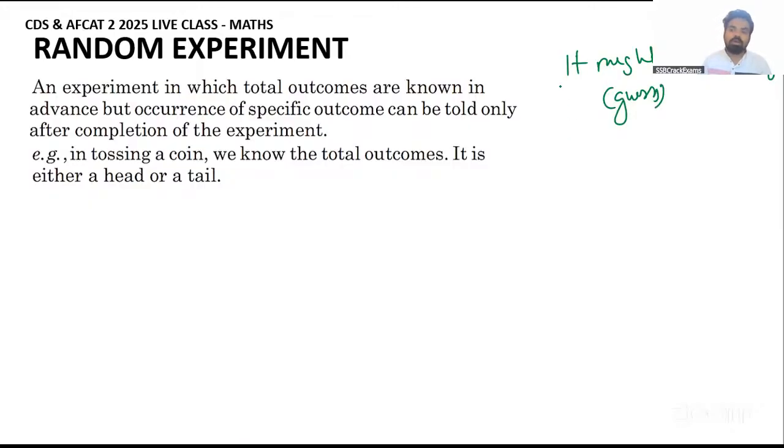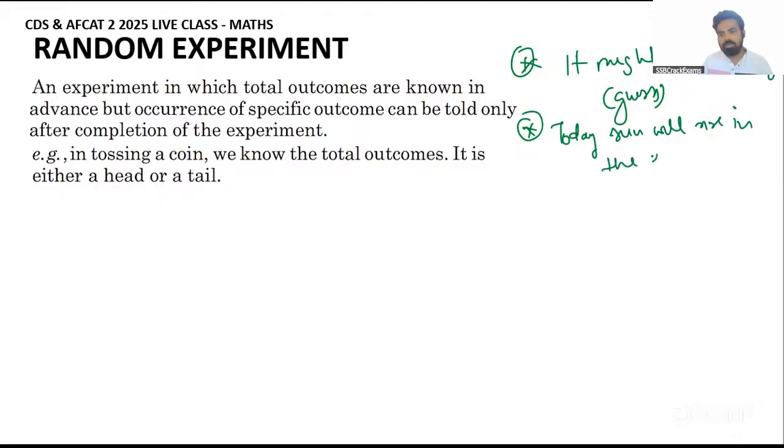And suppose you make a second guess that today the sun will rise in the east. तो आपने दो गेस किए. पहला गेस किया आज बारिश हो सकती है, दूसरा आपने गेस किया कि सन आज ईस्ट में राइज करेगा. तो अब आप सोचो कि पहला जो इवेंट है, ये हो भी सकता है और नहीं भी हो सकता. दूसरा इवेंट है कि सन विल राइज इन द ईस्ट.